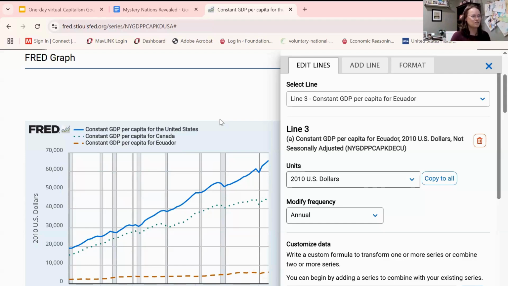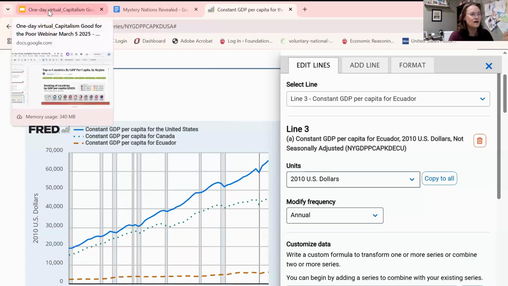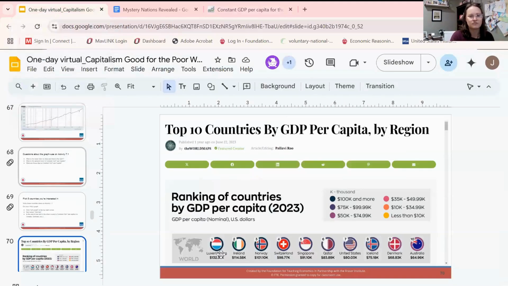Those are your 5 countries to look at, so that they can look at a wide range, rich countries and poor countries, rather than just the countries most prominent to them, just to diversify what they're seeing.